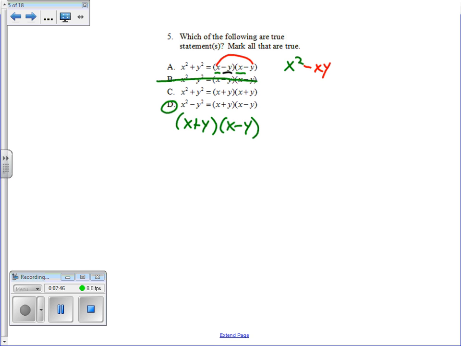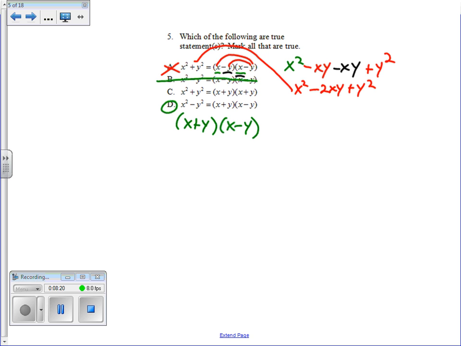Negative y times x gives me negative xy, and if I do the last term, negative y times negative y, which will give me positive y squared. If I simplify this, I get x squared minus 2xy plus y squared. And that is not equal to what is on the left, so that one's not going to work as well.